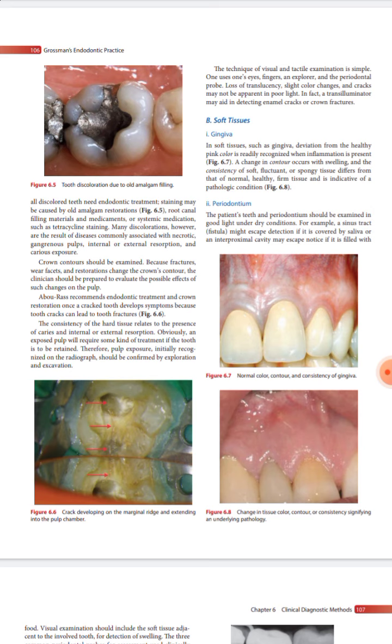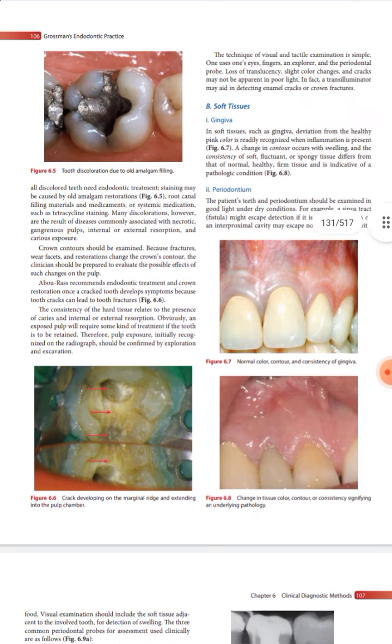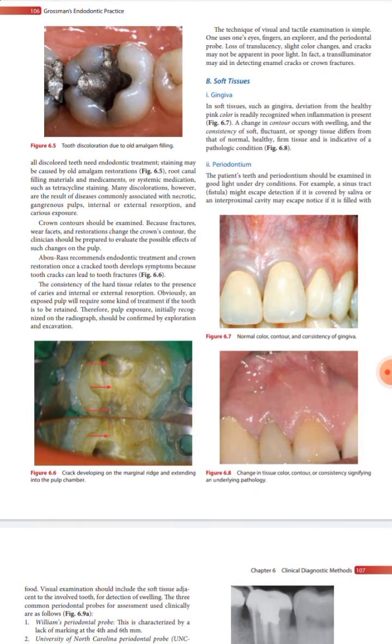Not all discolored teeth need endodontic treatment. Staining may be caused by old amalgam restorations, root canal filling materials and medicaments, and systemic medications such as tetracycline. Many discolorations, however, are the result of disease commonly associated with necrotic, gangrenous pulp, internal or external resorptions, and carious exposure. Crown contours should be examined because fracture, wear facets, and restoration changes alter the crown's contours.